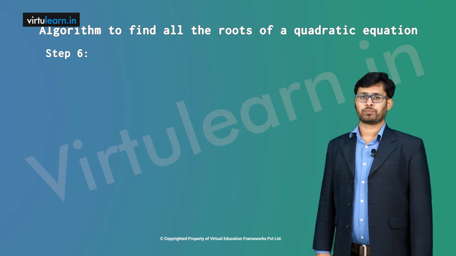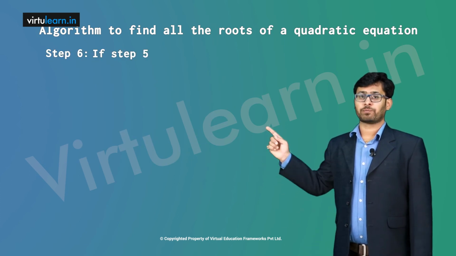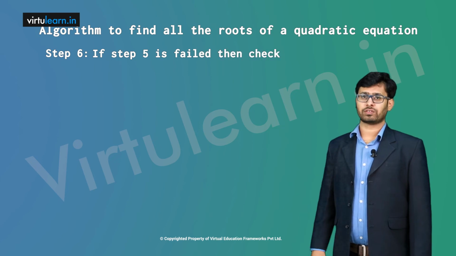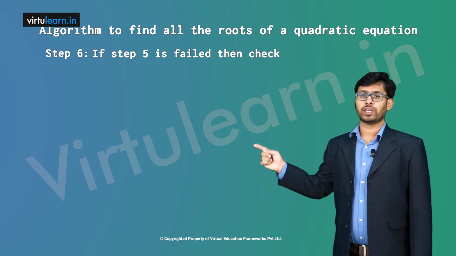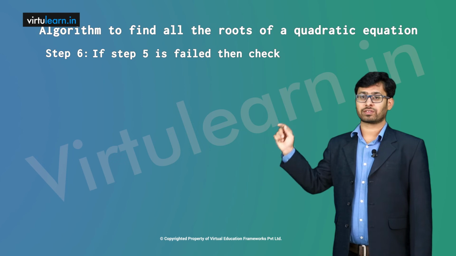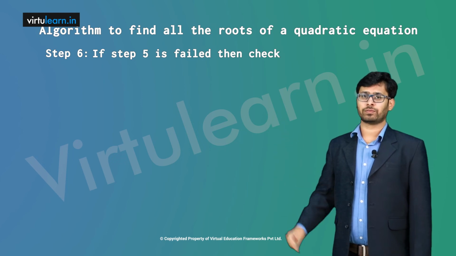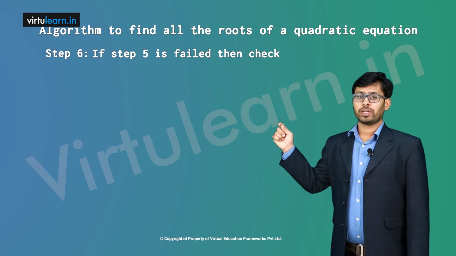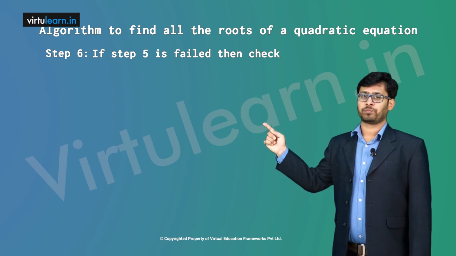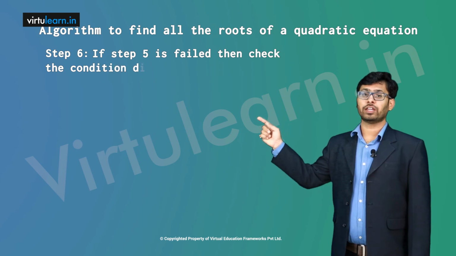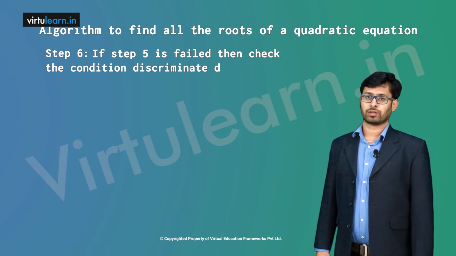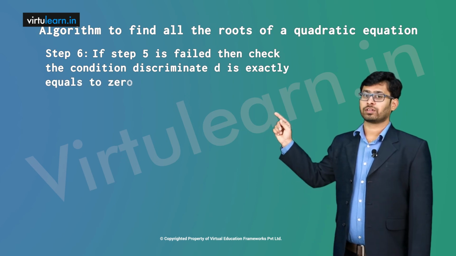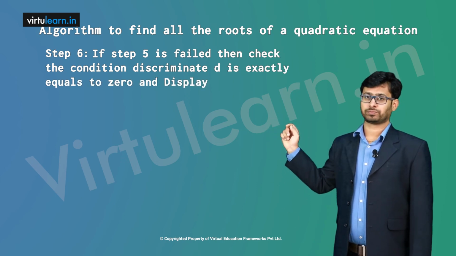Step 6. If step 5 is failed, that is, if the condition discriminant less than 0 has failed in step 5, then in step 6 check the condition discriminant is exactly equal to 0, which means d is double equal to 0.